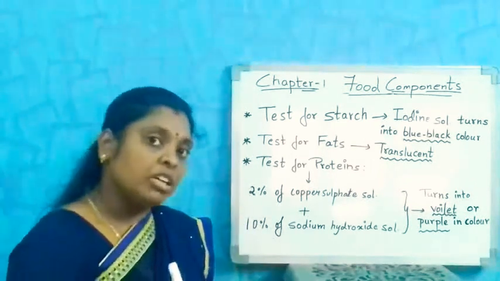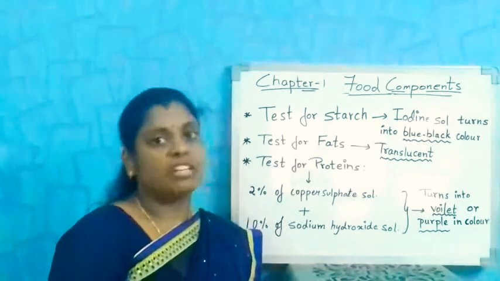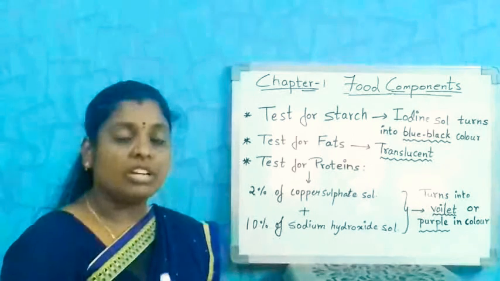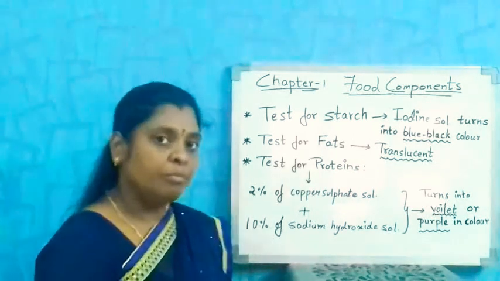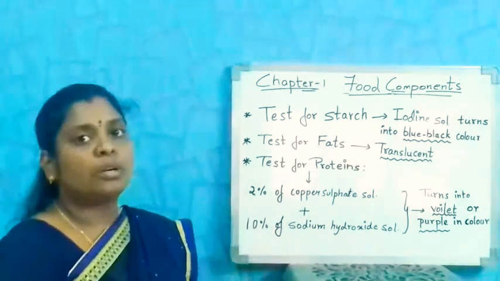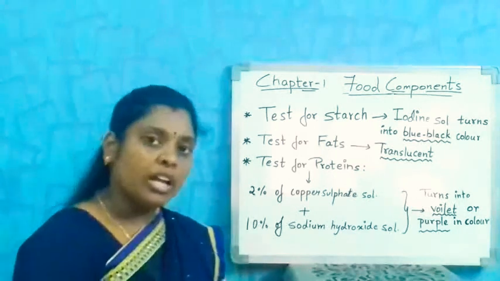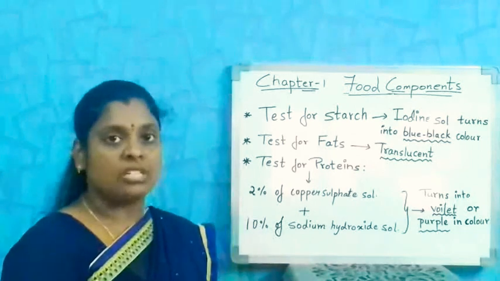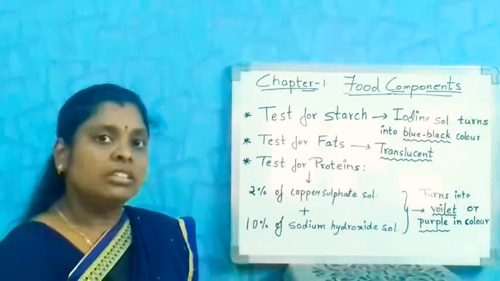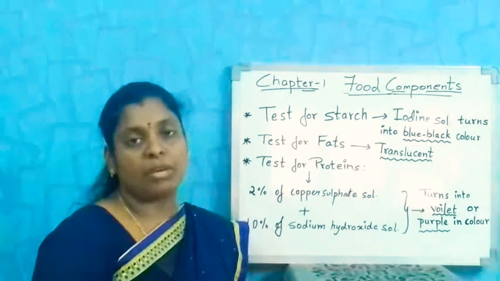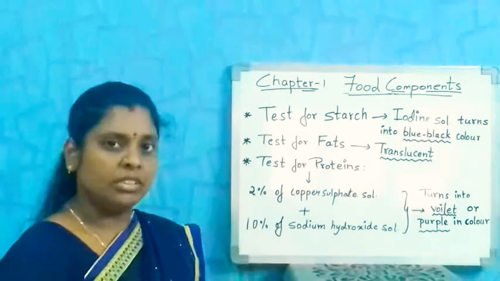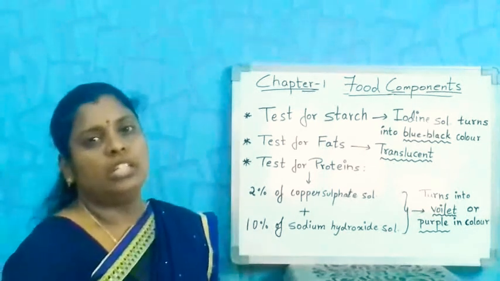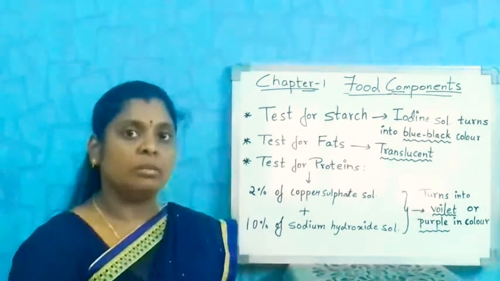If the given food item is in liquid form, we can take it directly. If that food item is in solid form, we have to make it a powder or paste. If it is raw, we make it a paste. If it is dried, then we can make it a powder. Take that powder or paste into 100 ml of water and mix it.